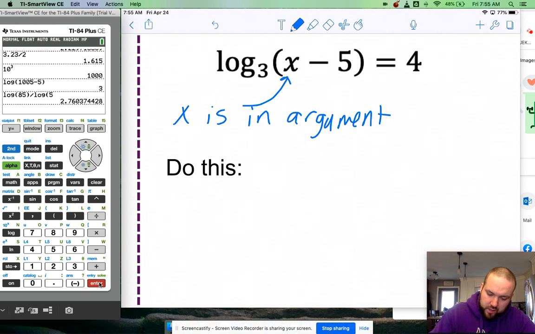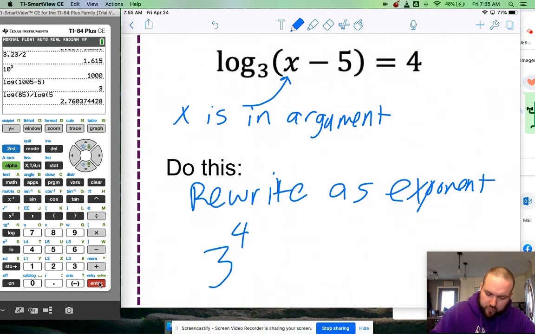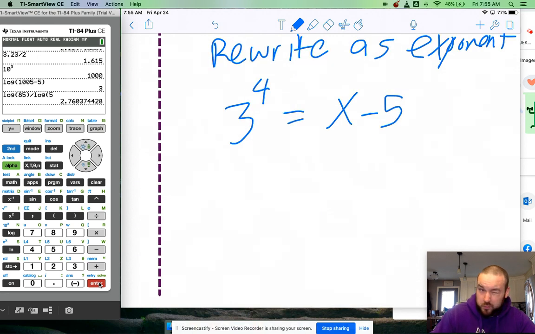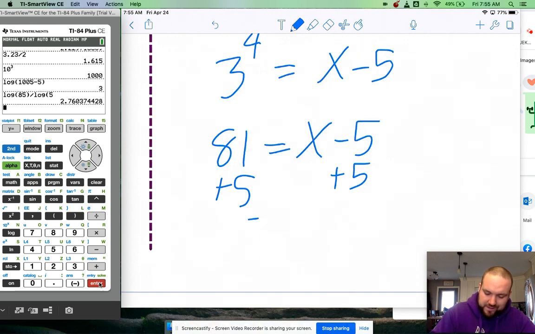So we're going to rewrite as exponents. So I have 3 raised to the 4th power equals x minus 5. 3 to the 4th is 81. I add 5 to both sides, and I get my solution of 86.